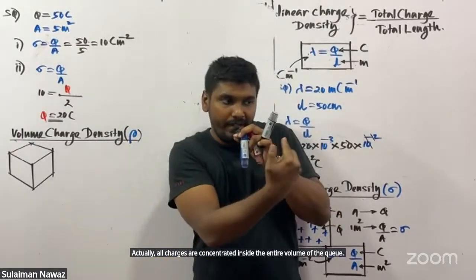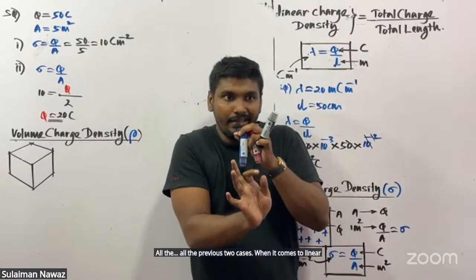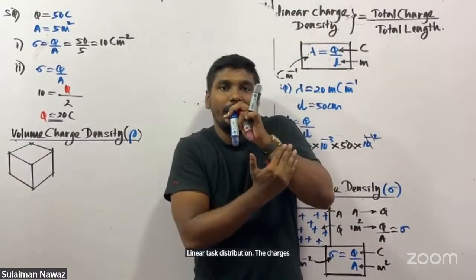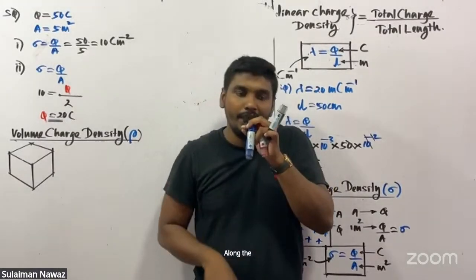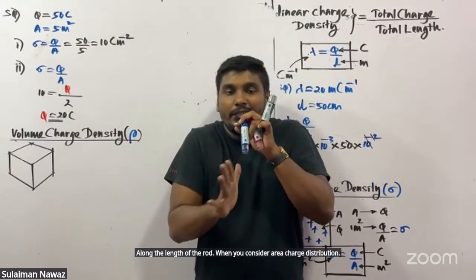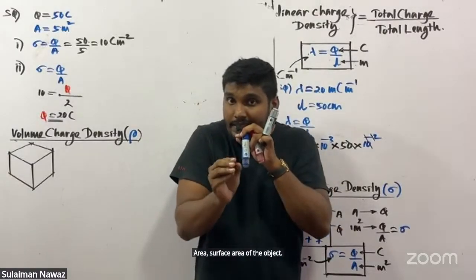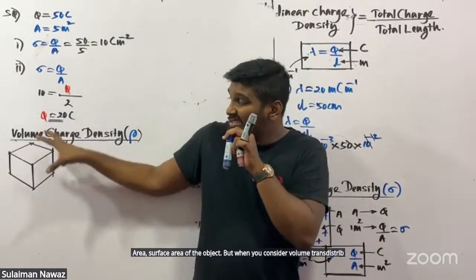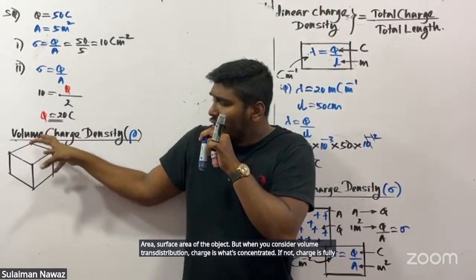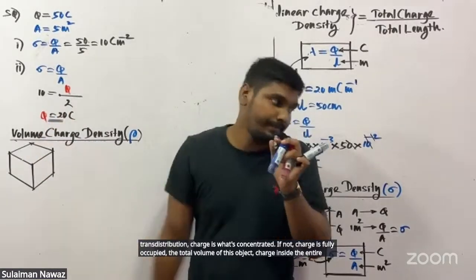In linear charge distribution, the charge is spread along the length of the rod. In area charge distribution, charge is distributed along the surface area of the object. But in volume charge distribution, charge fully occupies the total volume of the object.